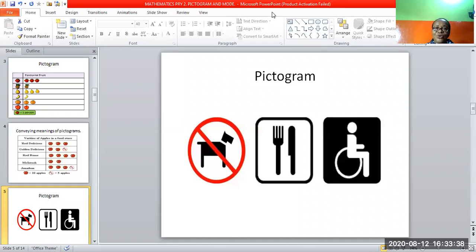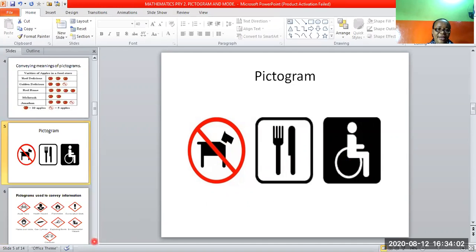Now we still have to move on. As we have said, animals are not allowed. There's a food section in the store, and there are handicapped people on wheelchairs in that environment. So we move on.